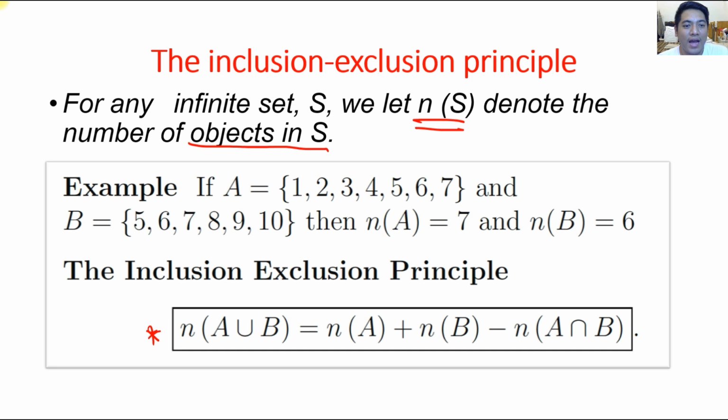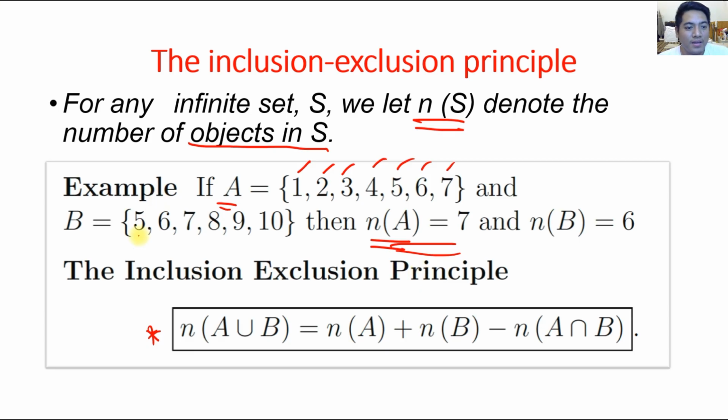Okay, so if we have A equals 1, 2, 3, 4, 5, 6, 7, and B equals 5, 6, 7, 8, 9, 10, we can find the n of A, or the number of objects in A, by counting the distinct members of A. So we have 1, 2, 3, 4, 5, 6, 7. Therefore, n of A is 7.